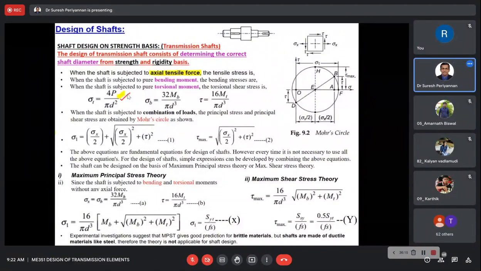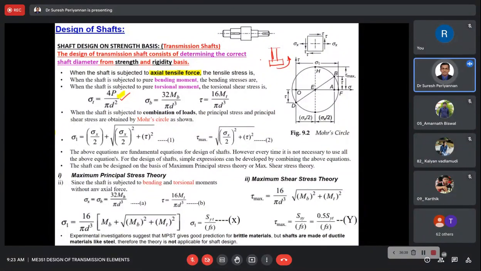Even when the shaft is connected to the load and the shaft is rotating, the shaft is subjected to tensile load as well as twisting moment.